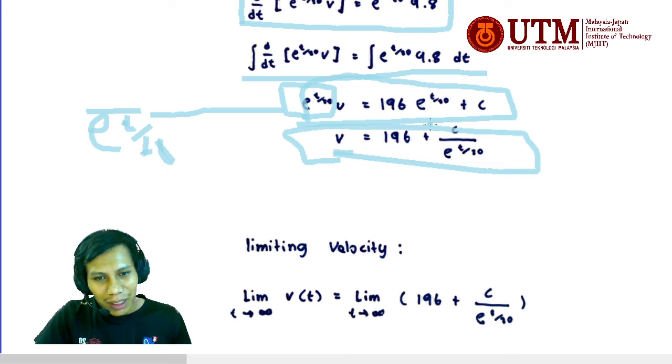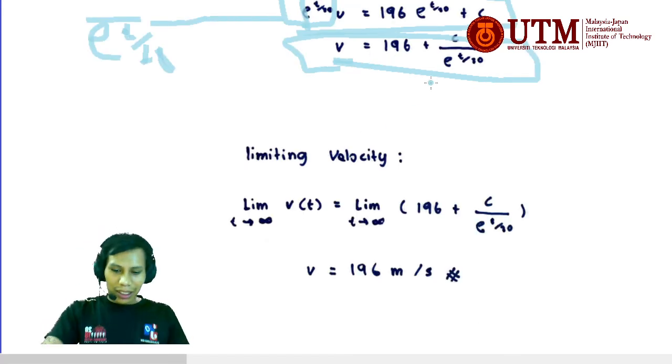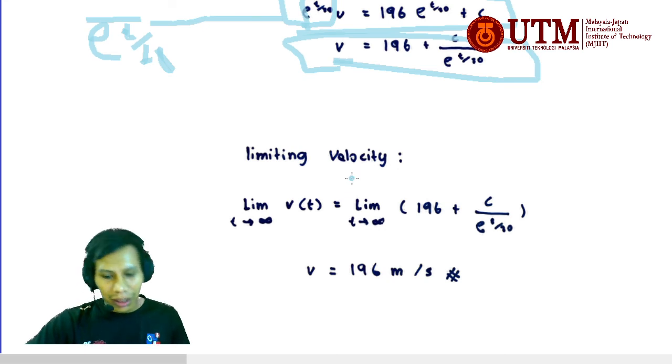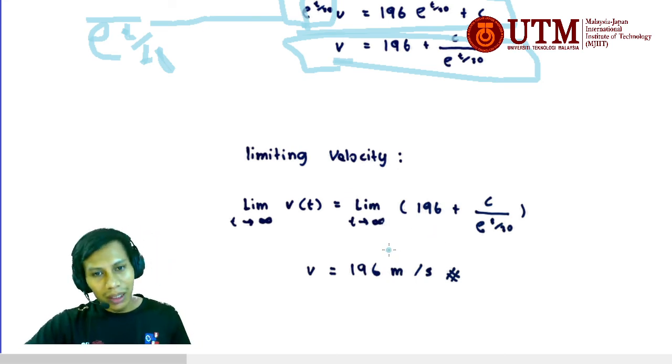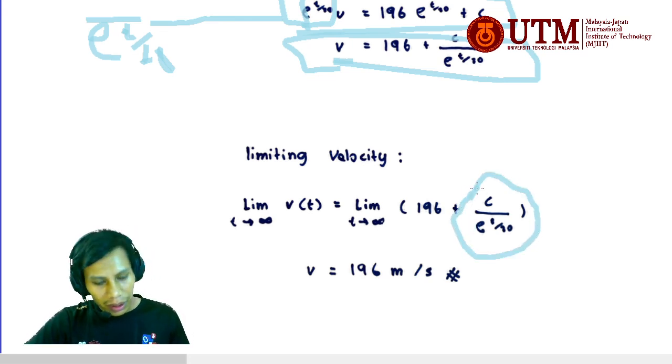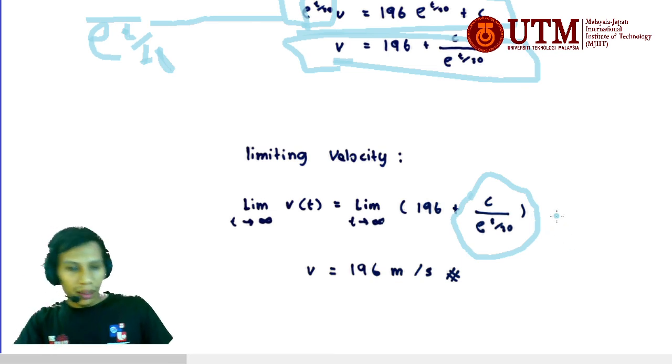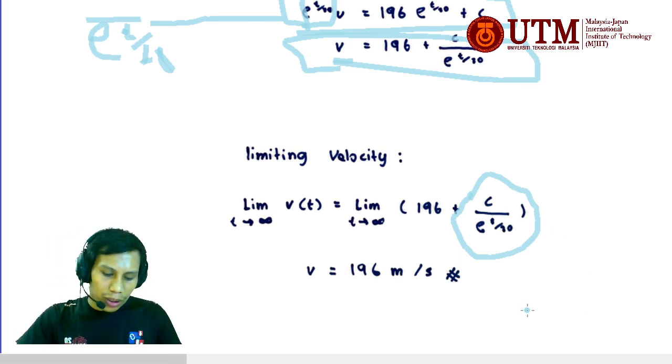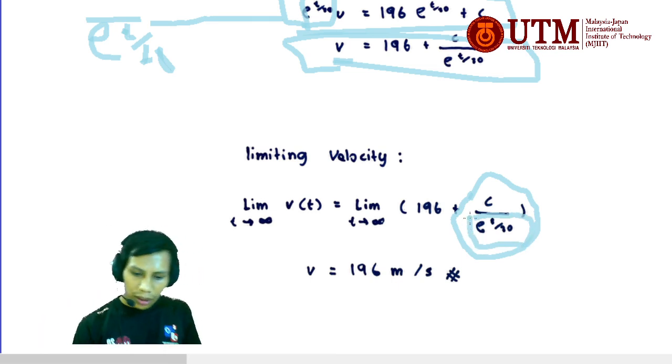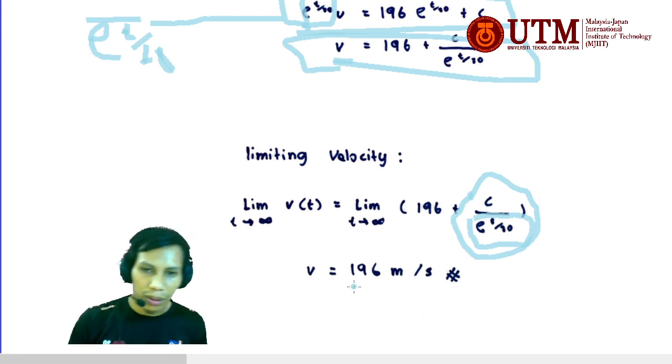To find the limiting velocity, we need to take the limit of this function as t approaches infinity. In this form here, we can see the second term is going to approach 0 because the denominator will be increasing without bound, as t goes to infinity.